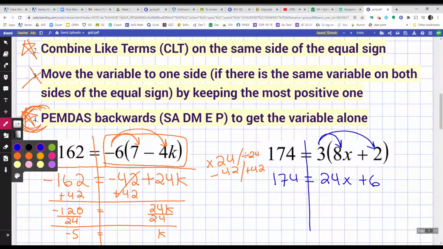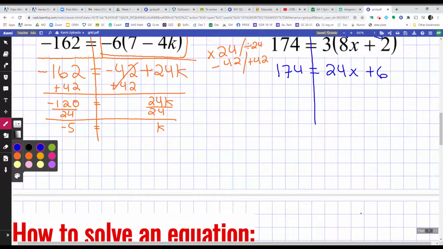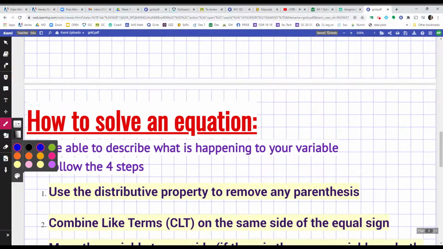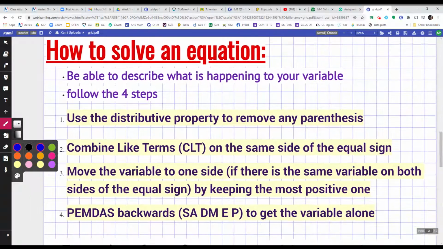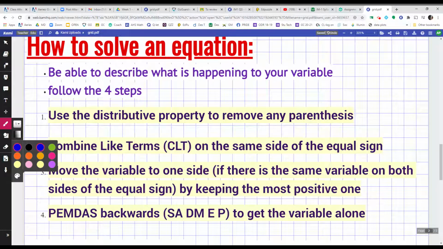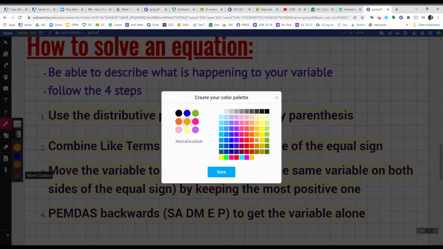Okay, I'm going to go to the next page, which is our second goal, how to combine like terms.